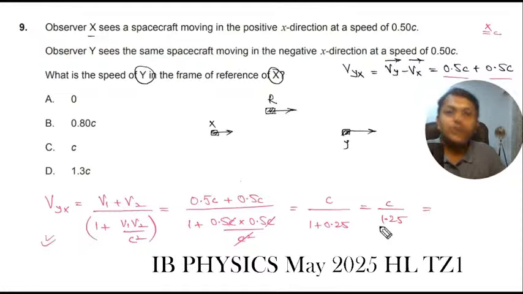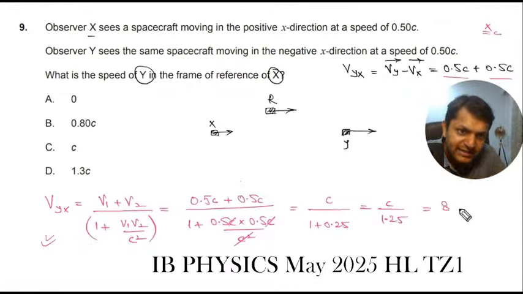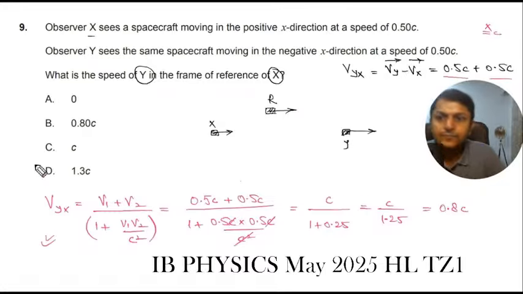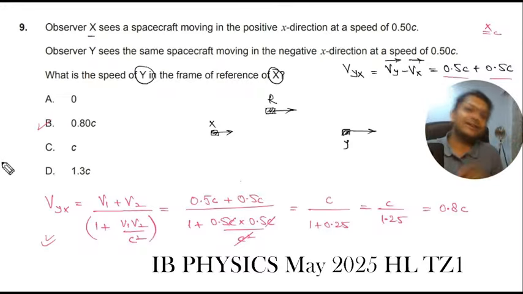You can use the calculator, although we know that 1 divided by 1.25 is 0.8. So it will be 0.8c. B will be the correct answer for this question. This is how we do it.